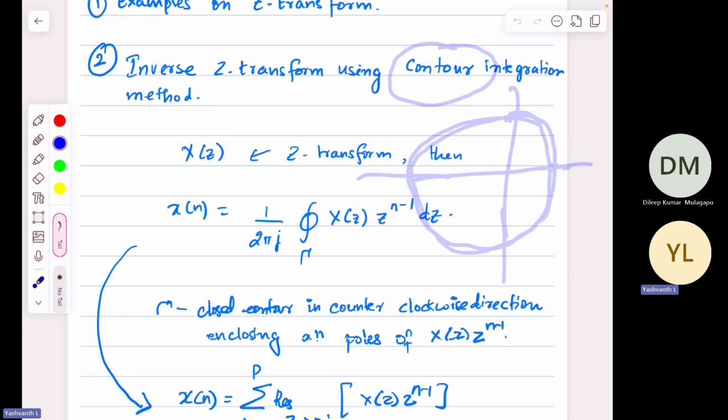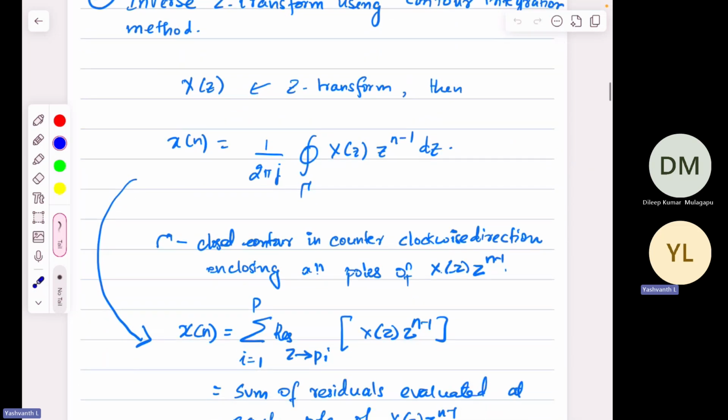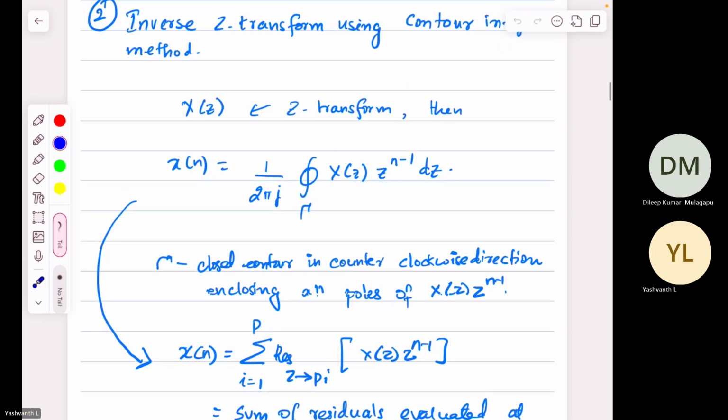Okay, but without going into further details, we'll just look at the definition of inverse Z transform. If X of z is a Z transform, then you can show that the inverse Z transform, which will give back the time domain signal or the discrete time signal, is defined as 1 by 2 pi j closed integral over a closed contour gamma of X of z z power n minus 1 dz.